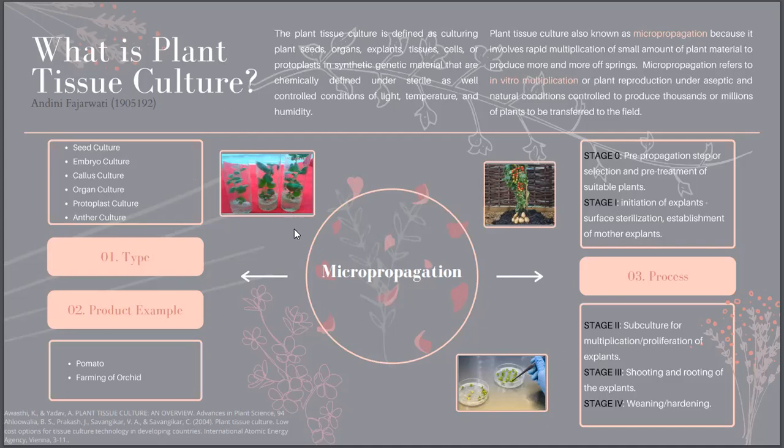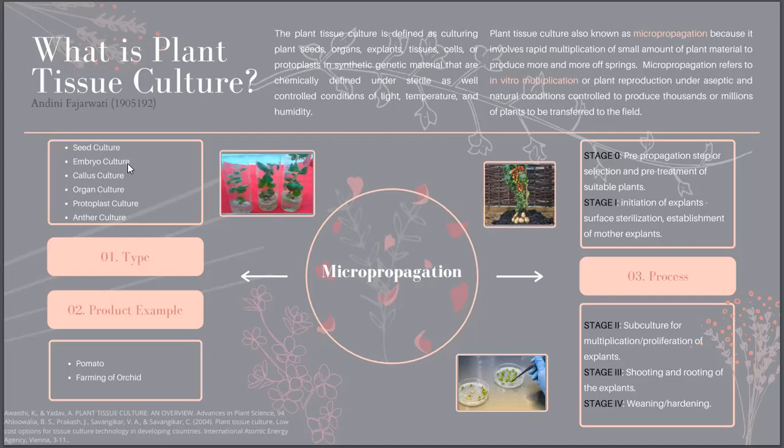Explants are the parts of plants that we use to undergo the micropropagation process. As well as embryo culture, it uses an embryo to form a new individual.